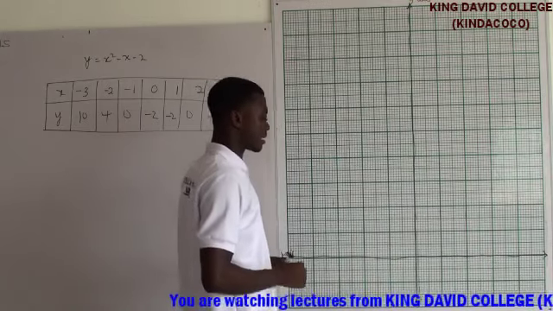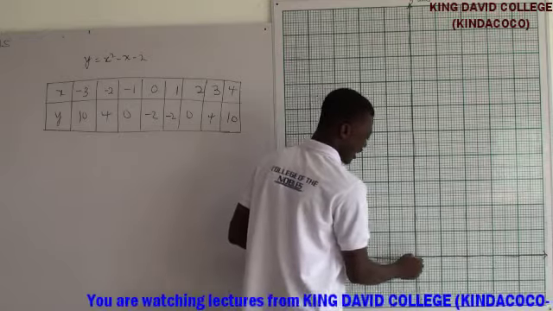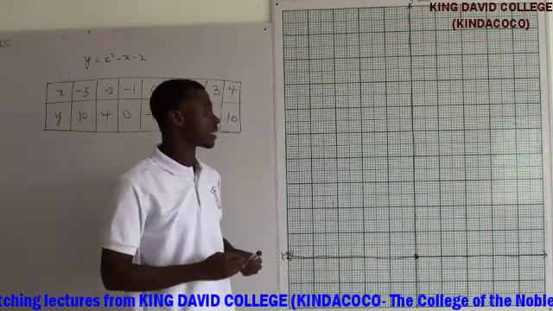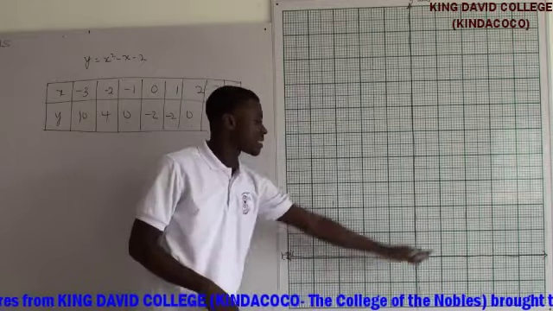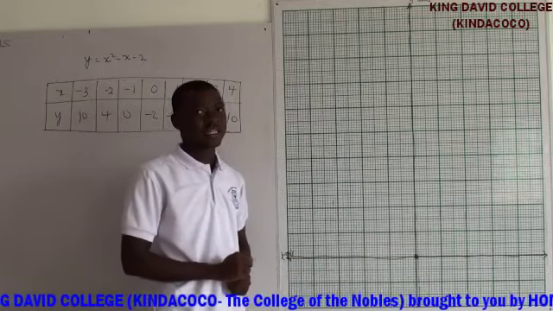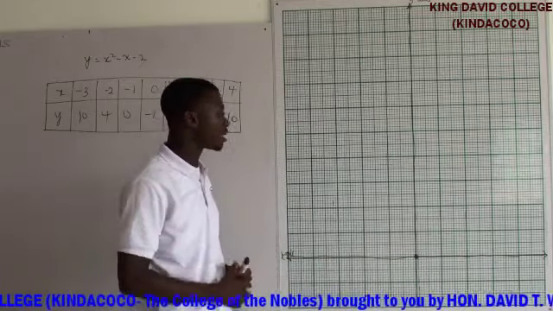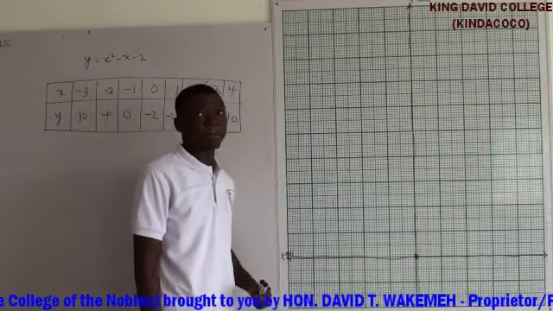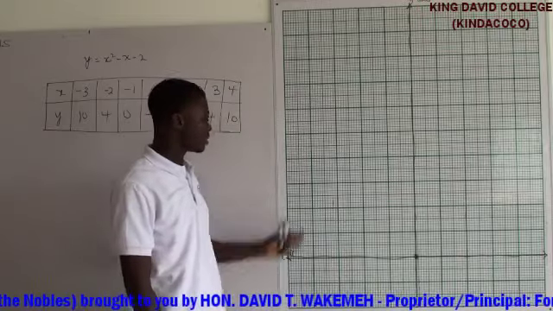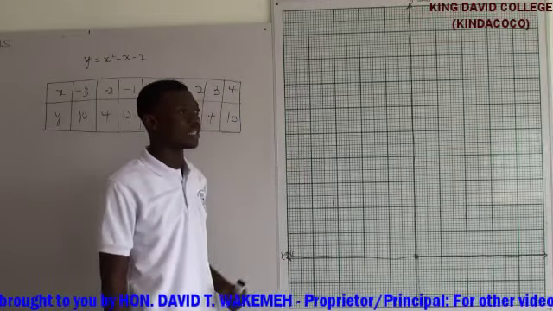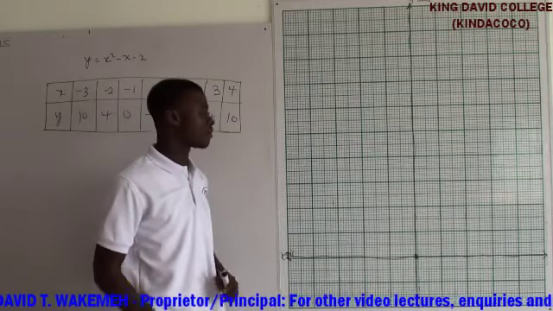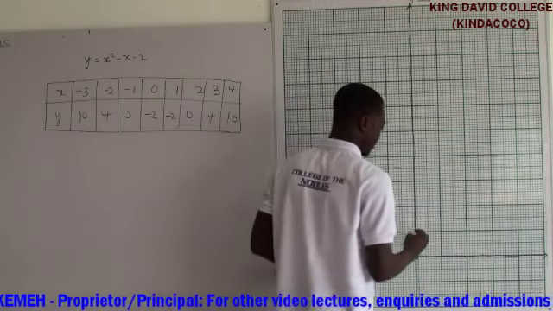So you label your axis, and then here, where the x and y meet becomes my origin, 0, 0, okay? So I have my y-axis, and then my x-axis, right here. Good. Now after you get your axis, then you need to label them. Okay, you need to label it nicely like the way I've done it. Then you indicate the various demarcations on it. Good. So we have that.